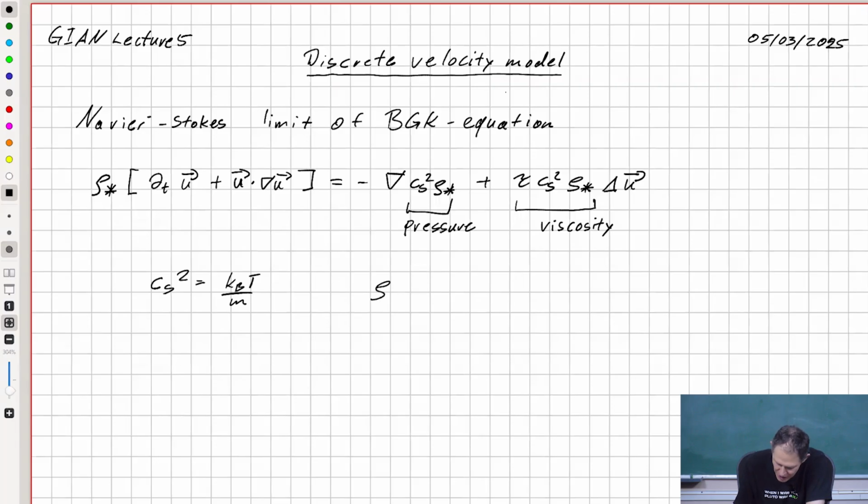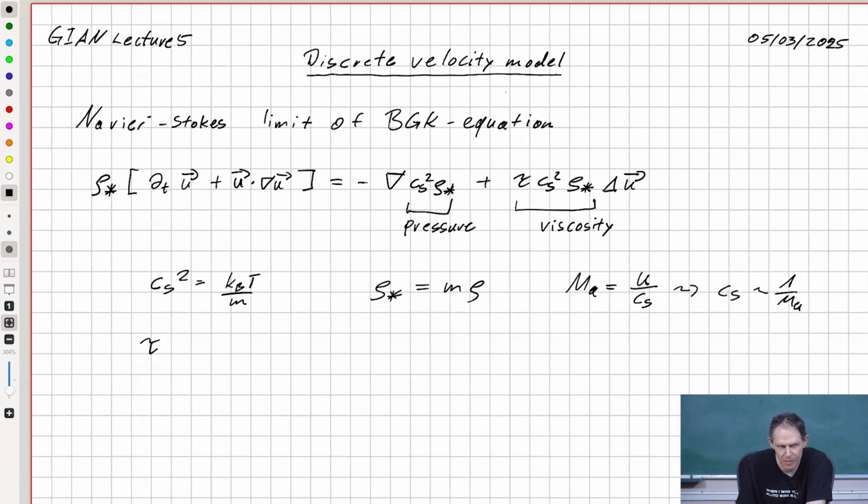So this thing here is the mass of the particle times the number density of particles. So the Mach number, we have seen this, is of course u divided by the speed of sound, and therefore the speed of sound is always proportional to 1 over the Mach number.